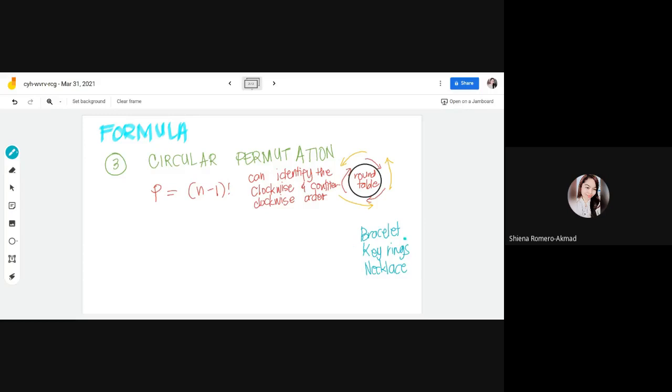Eh ito, isa sa reason bakit sila nakahiwalay dito, yung formula nila, is because itong mga to po, you cannot identify the clockwise and counterclockwise arrangement or order of the elements.